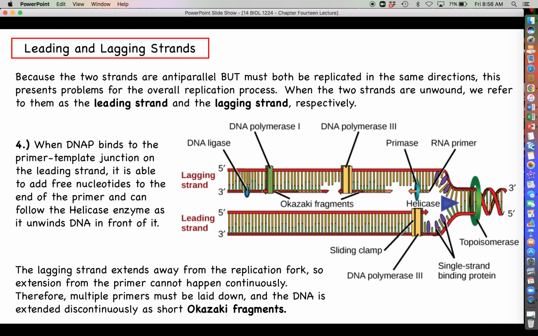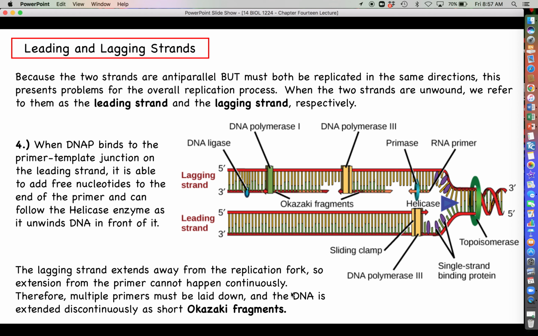DNA polymerase is always going to have to start, stop, start, stop, start, stop. So we're always having to hit the pause button here to allow the helicase to extend the replication fork further out so that we open up a little bit more single-stranded DNA.